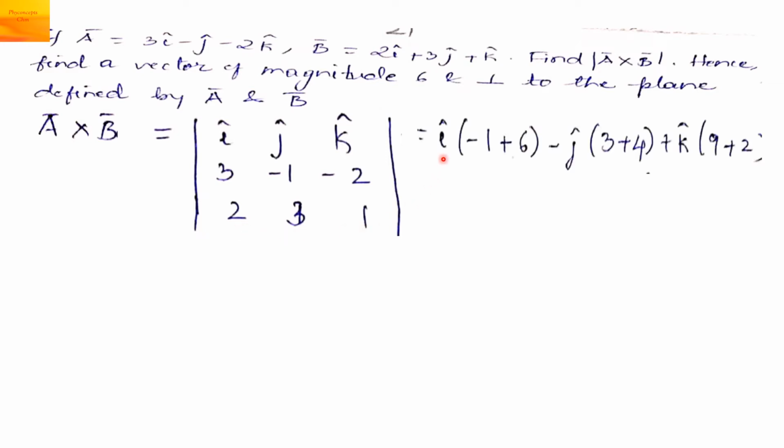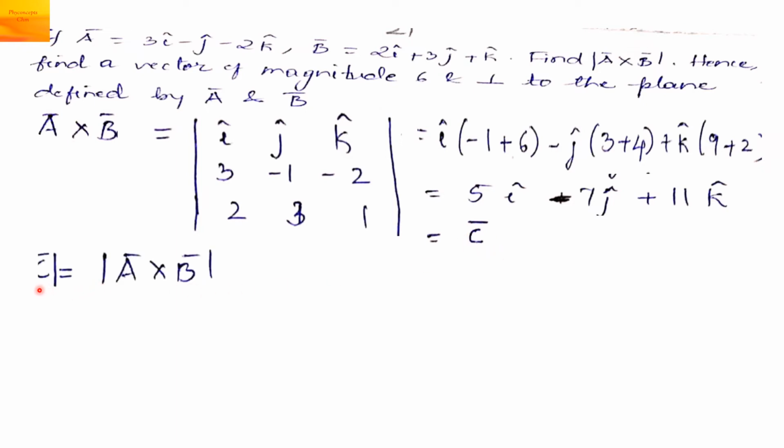And now we solve the determinant in this way. I cap into minus 1 plus 6, minus J cap into 3 plus 4, plus K cap into 9 plus 2. Solving this, we get 5I cap minus 7J cap plus 11K cap, which we can denote as C bar. So this vector product A bar cross B bar, we are denoting it as C bar.